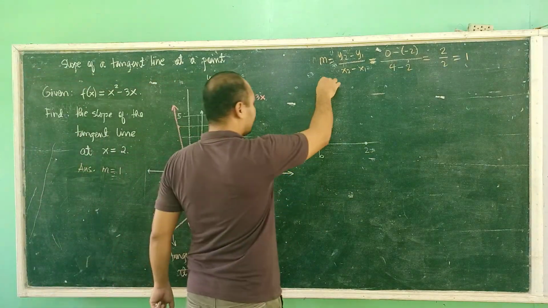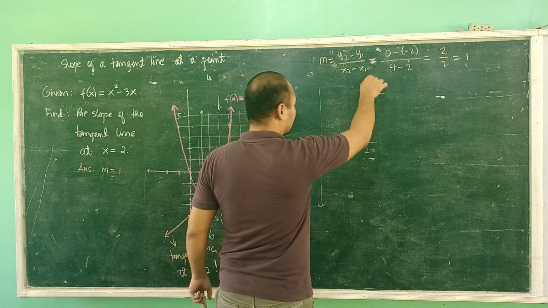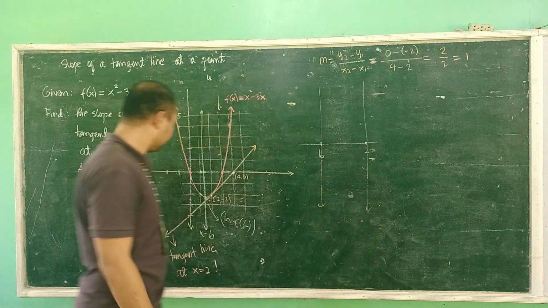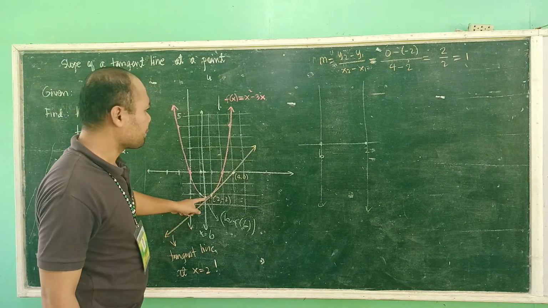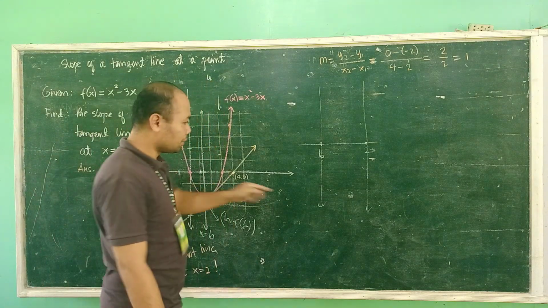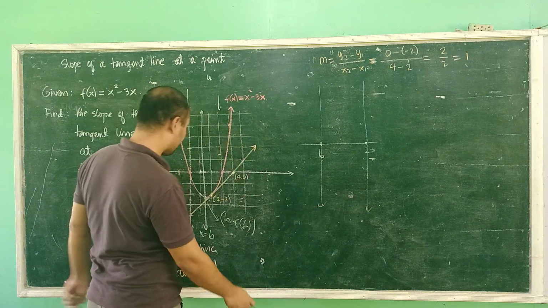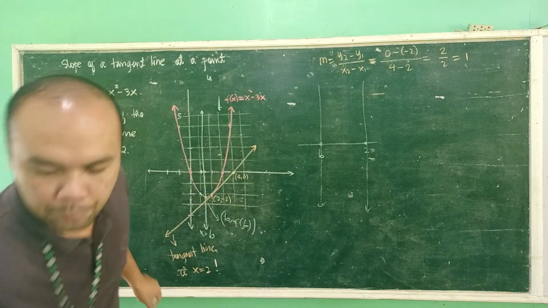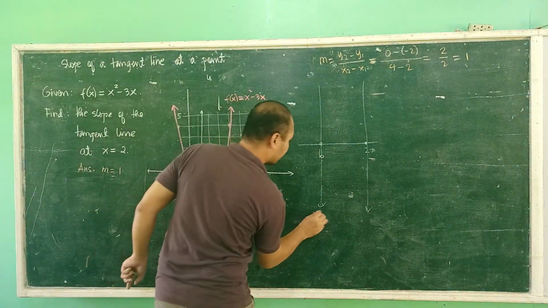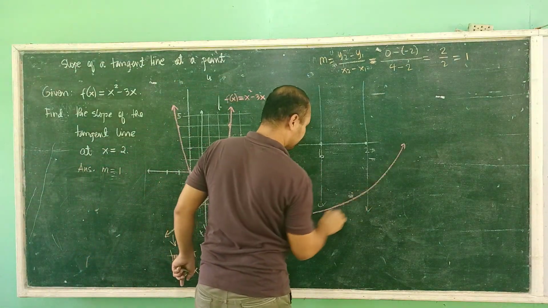So you have here, then your graph looks like this. Below it is the graph now. So your graph would look like this, b, like your graph is going that way.